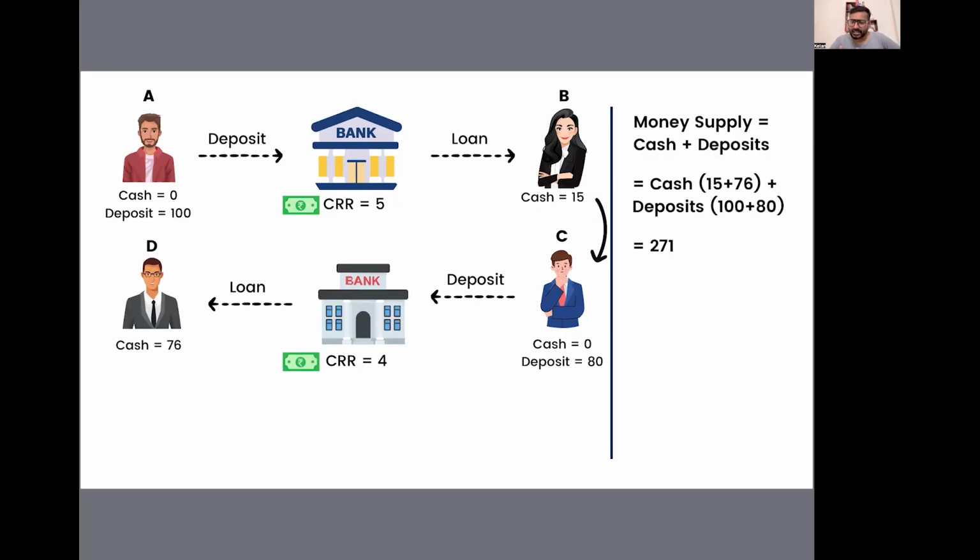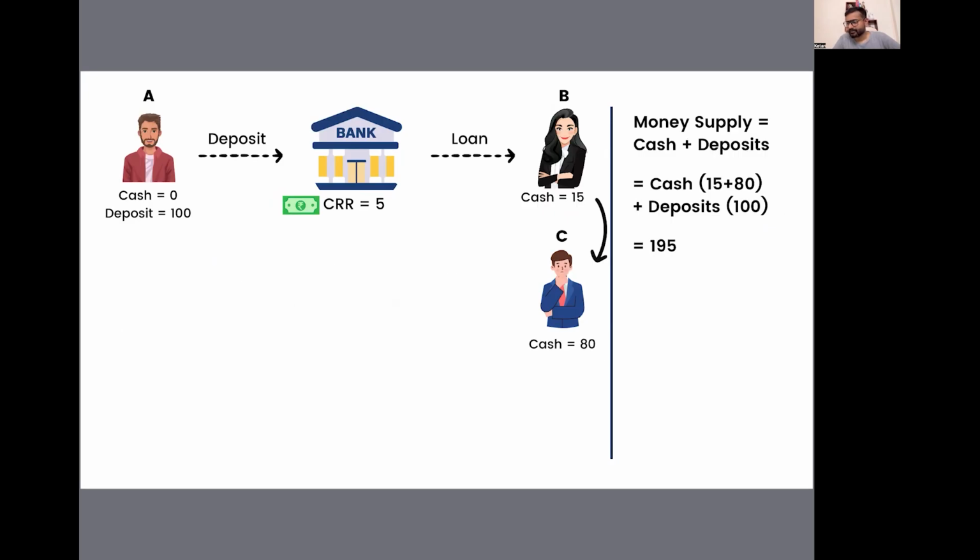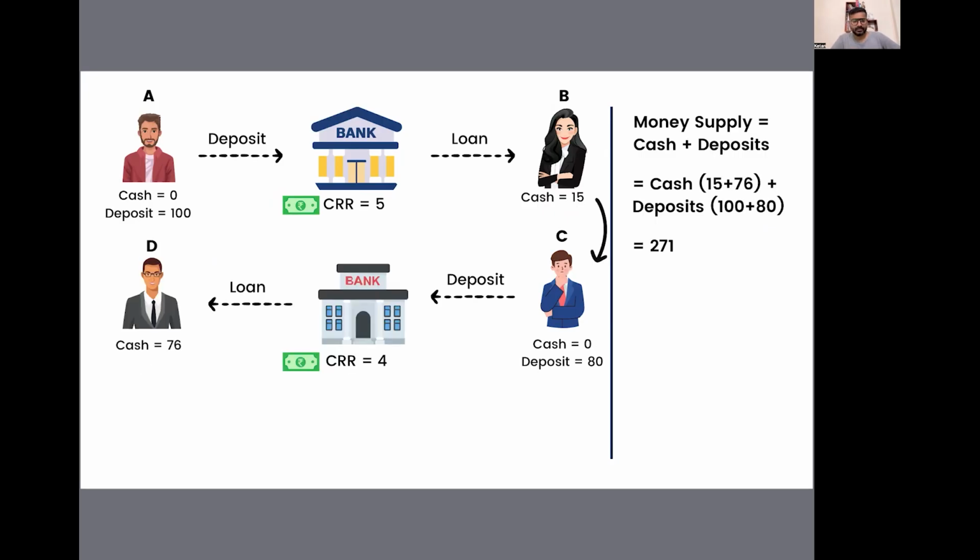Now the bank will again keep aside 5% of 80 rupees, or rupees 4, as cash reserve and loan out only rupees 76 to person D. So you see that now the money supply is much less than 300, what it would have been. The money supply is only rupees 271.